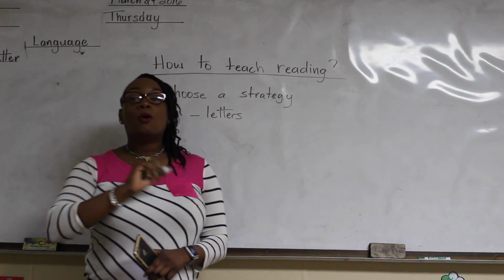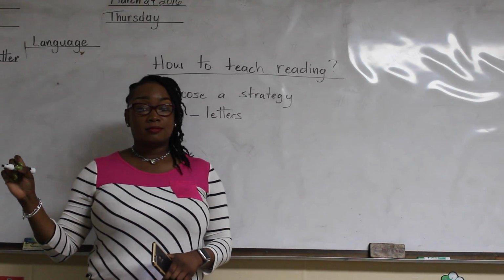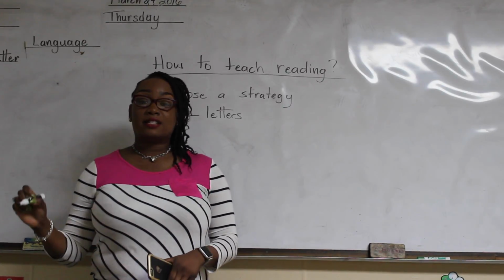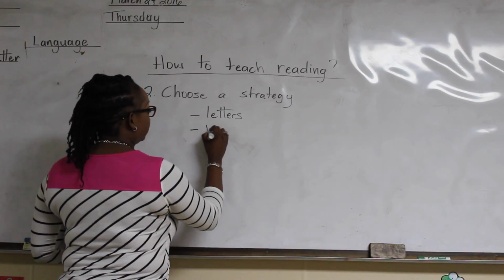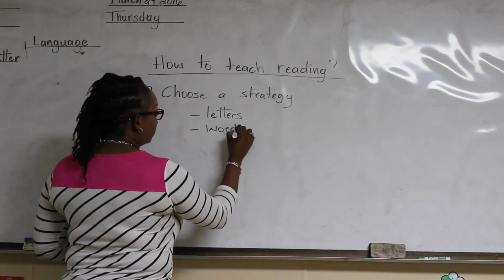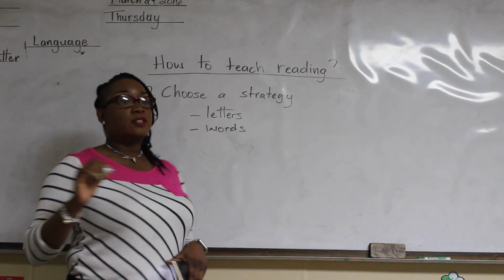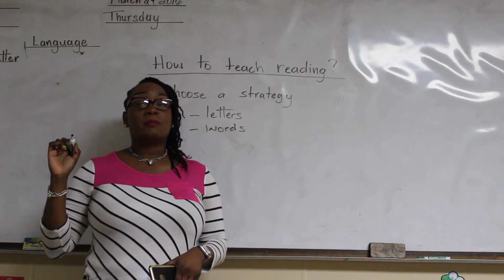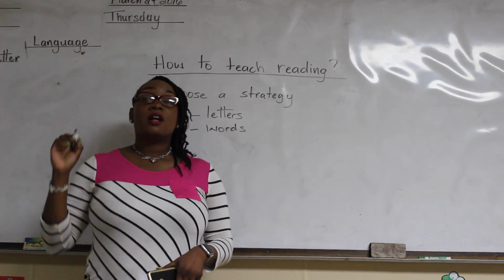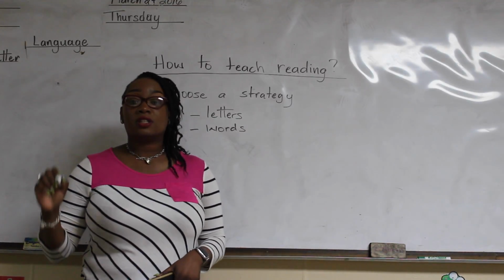You teach them all letters of the alphabet, starting with vowels first, and their sounds. Then you teach them words, and that's words that have multiple meanings. Also make sure they know the basic sight words as well. Then you teach them how to use those words in sentences.